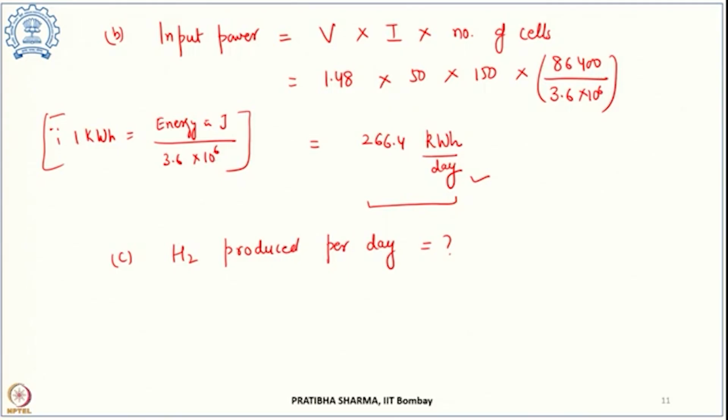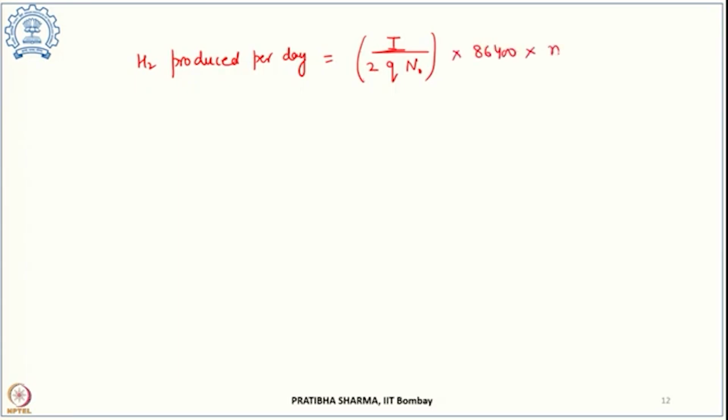Now, to find out that much amount of hydrogen per day, we can write it as current divided by the number of electron transfer, charge on the electron, Avogadro's number N naught, and this will give us hydrogen produced in kilomoles per day.